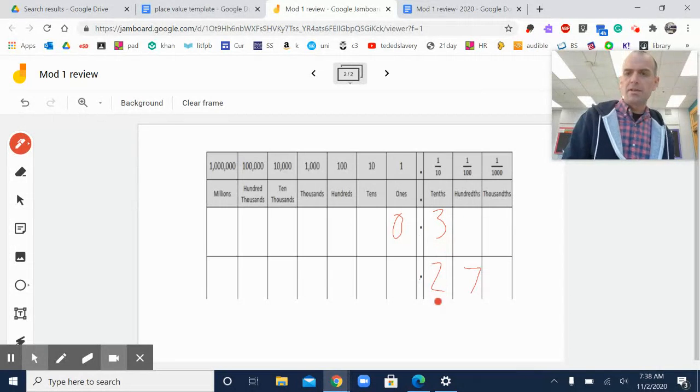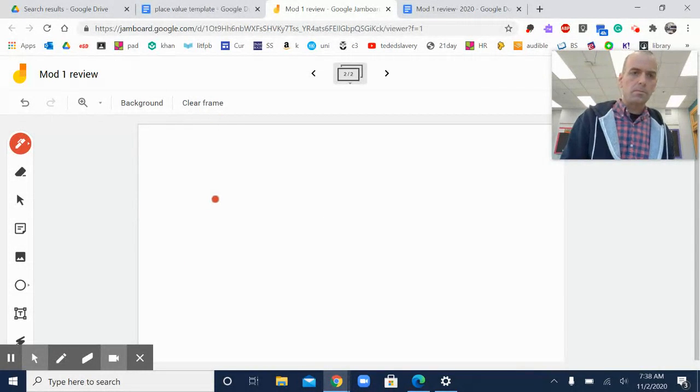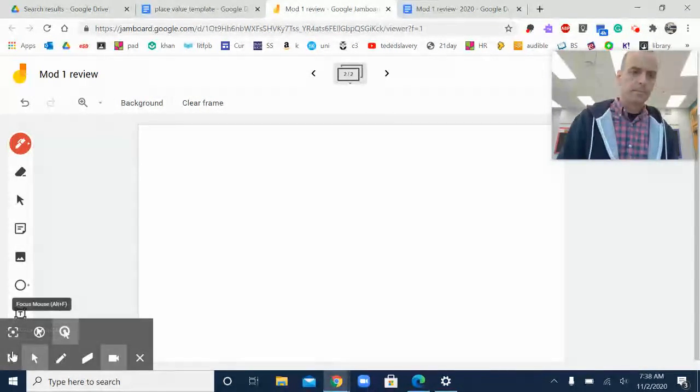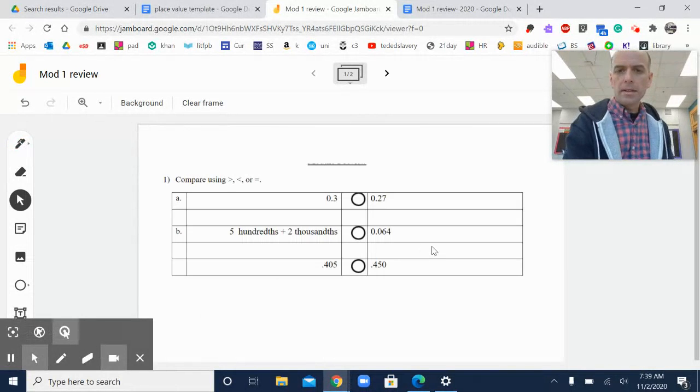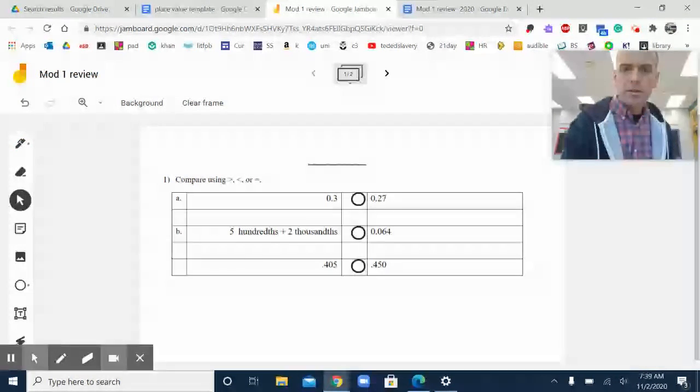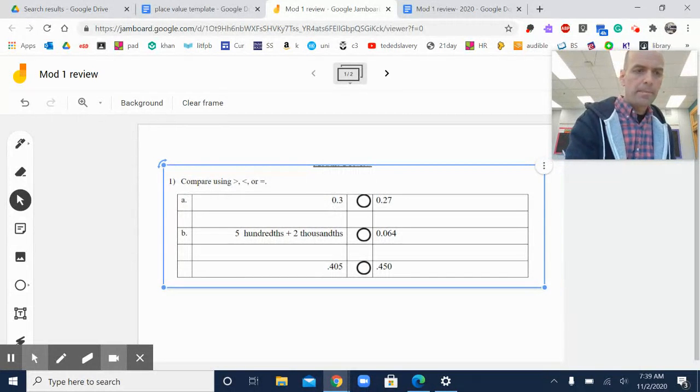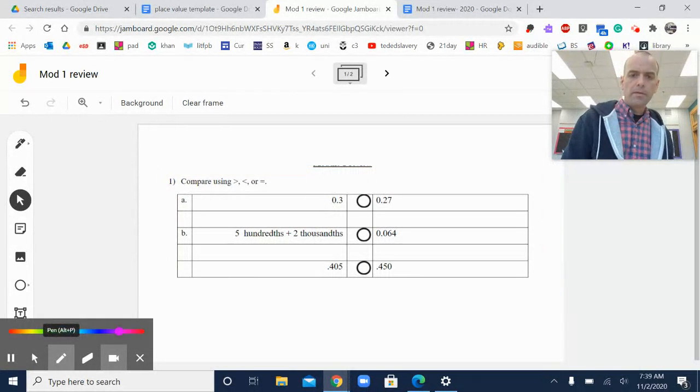So 3/10 versus 2/10. Already, I can see that 3/10 is more than 2/10, right? So it doesn't matter what's in the hundredths. So then you put the sign greater than, less than, or equal to sign here. Okay. Moving on.